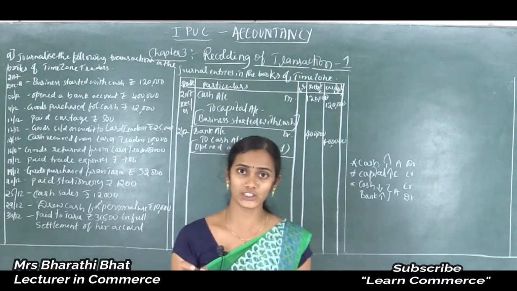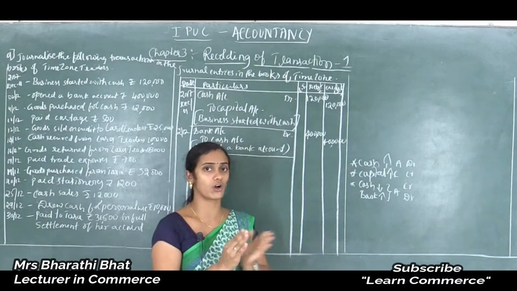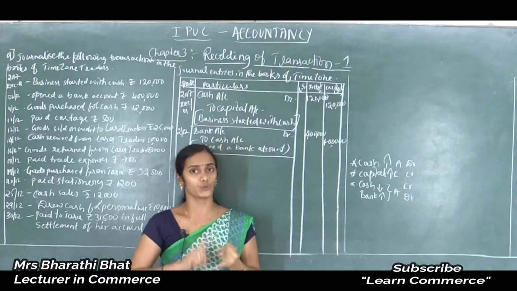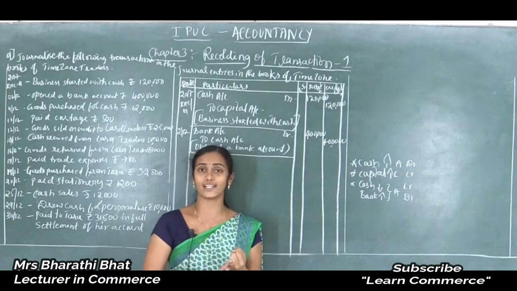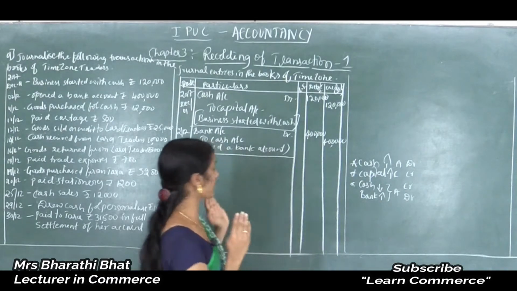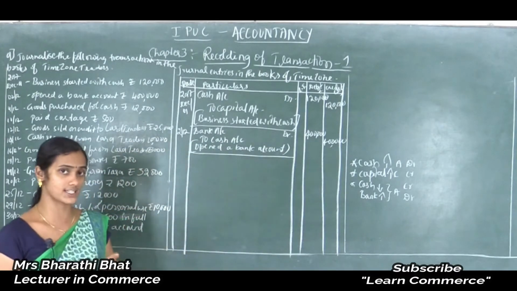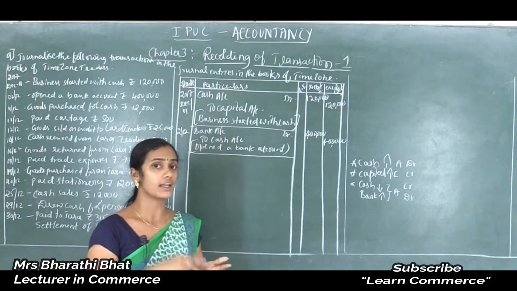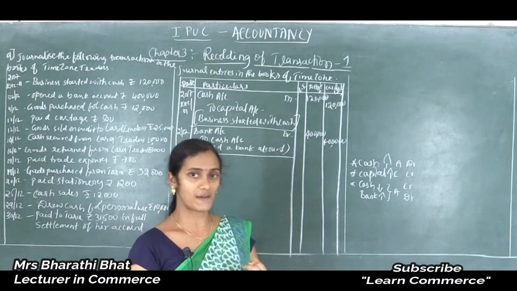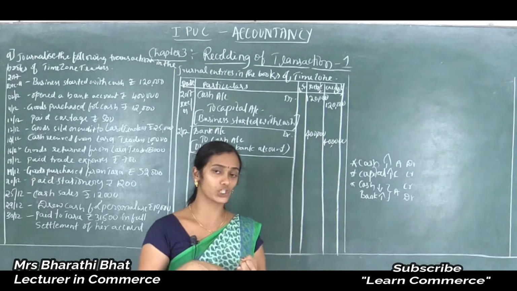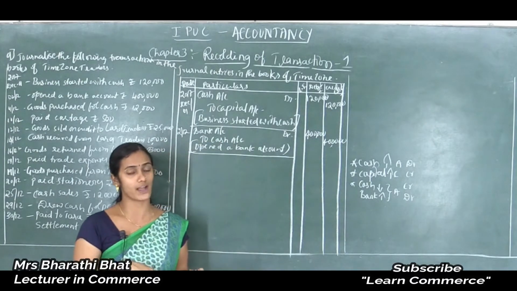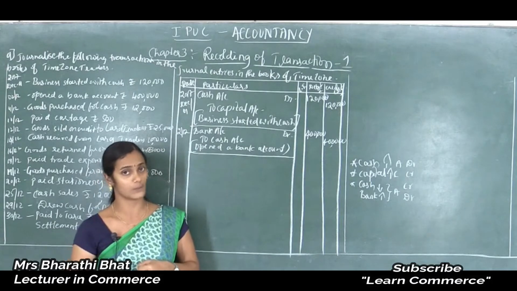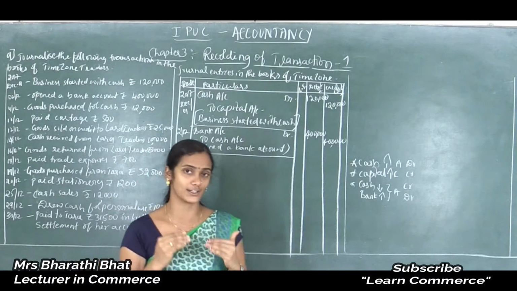They clearly mentioned they purchased goods on a cash basis. So here two accounts are involved. One is purchases. I told that here goods is considered as purchases. Purchases comes under expenses. To purchase something, we have to pay cash. So does cash show reduced value or increased value? Of course, cash shows reduced value.